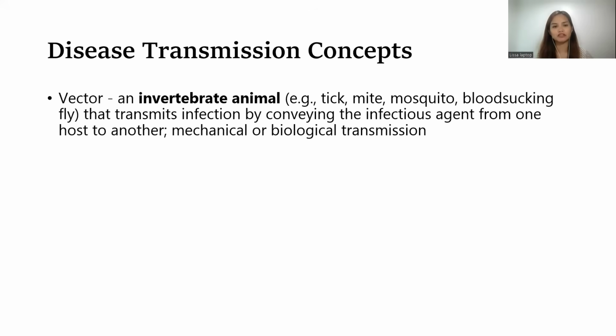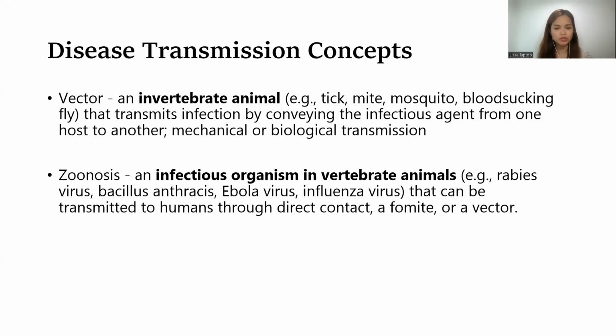So mechanical if the infectious agent is just carried on the invertebrate animal, but the life cycle of the infectious agent does not occur inside the animal or on the animal. And for biological transmission, if it involves the life cycle of the infectious agent, then that would be biological transmission. A vector does not cause disease itself, but it can be part of the infectious process.